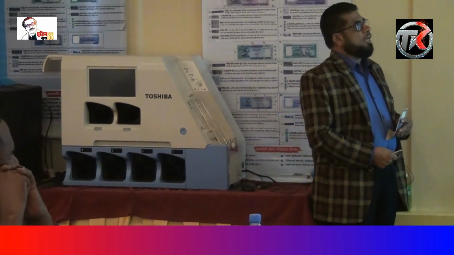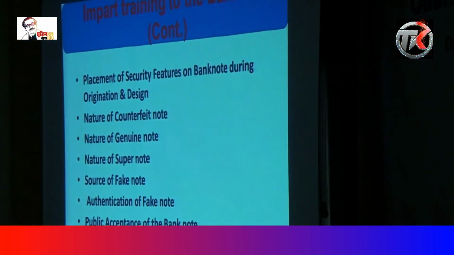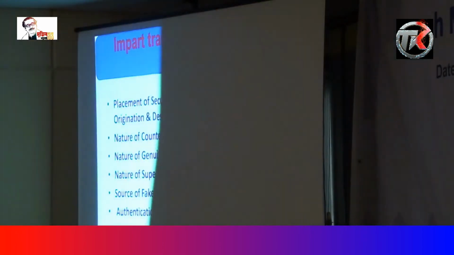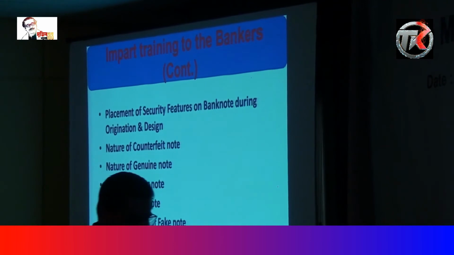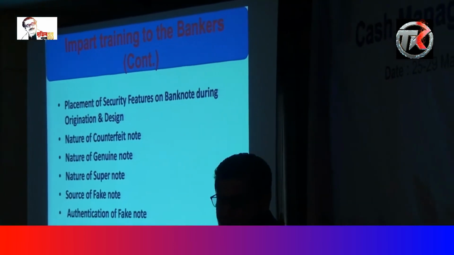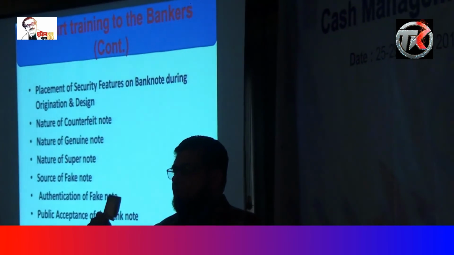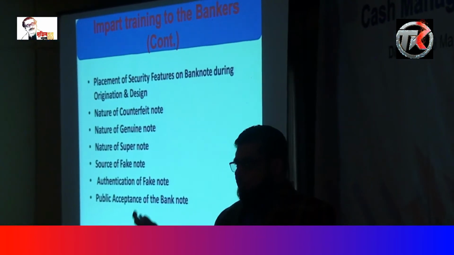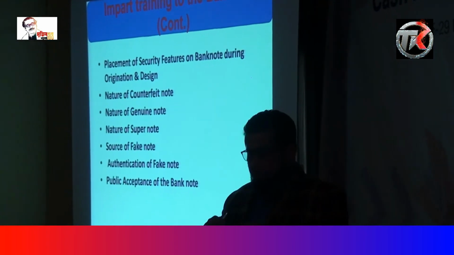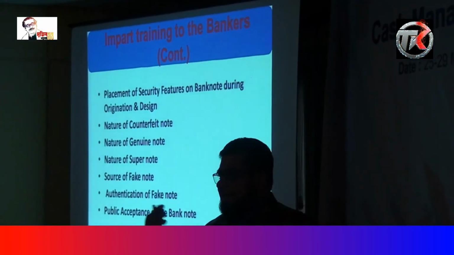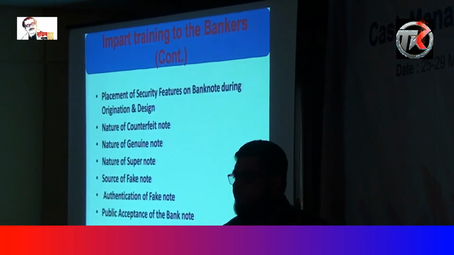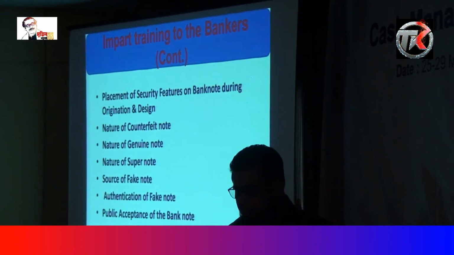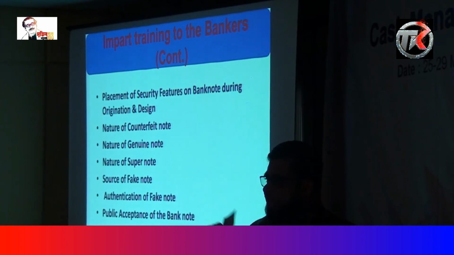Placement of the security features on the banknote during origination and design. A very important thing. When a banknote is designed, you have to design properly because a lot of security features have to be incorporated. If the design is wrong, maybe you cannot get the benefit of the security features. Maybe you cannot get the OVI reflection, you cannot get the watermark effect properly, or the thread effect.